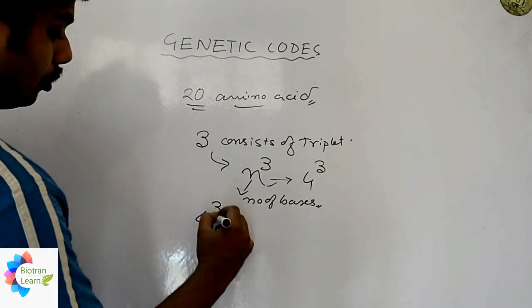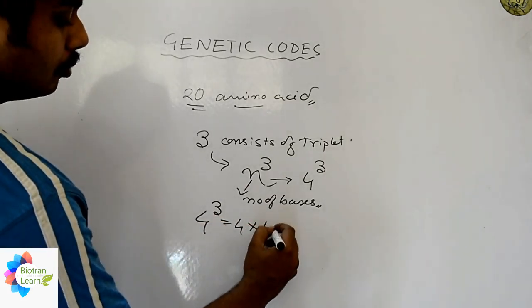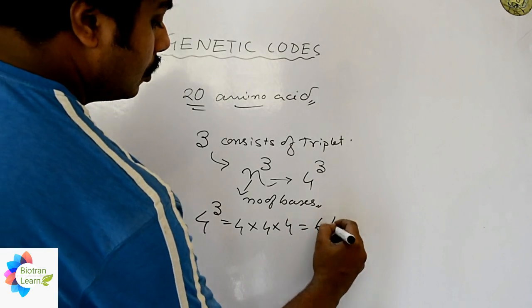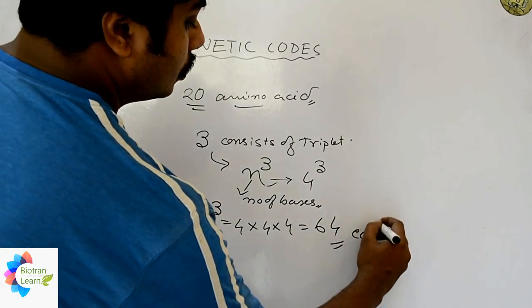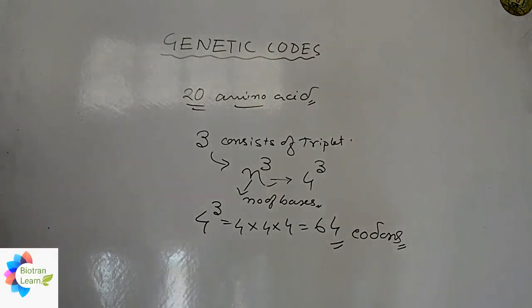Now 4 cubed will be 4 into 4 into 4, so there have to be 64 codons, and these 64 codons will give us a genetic code to translate a particular protein, right?